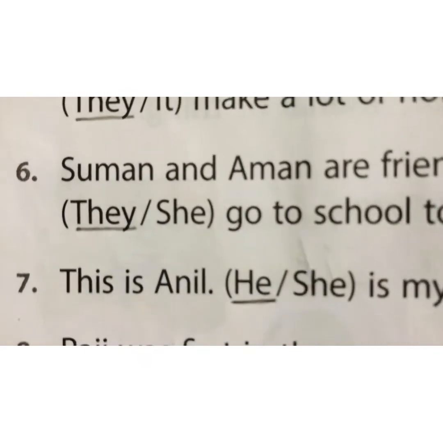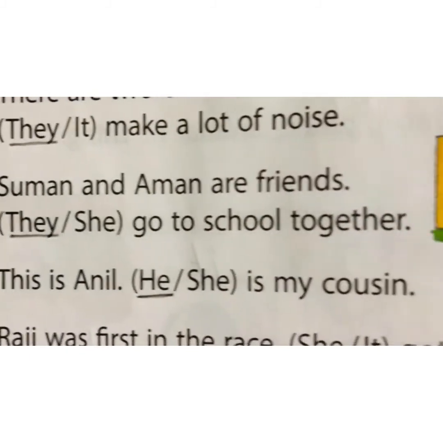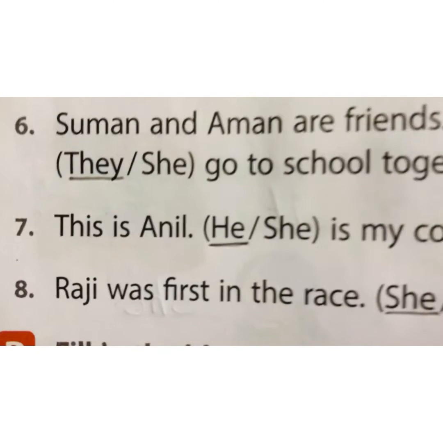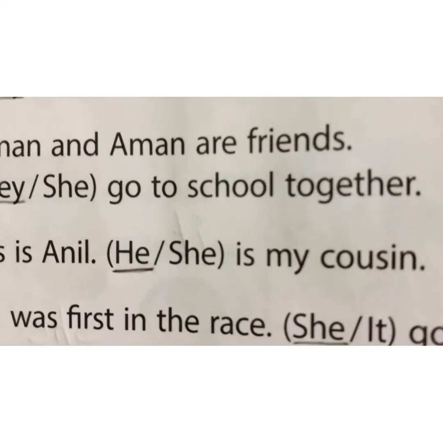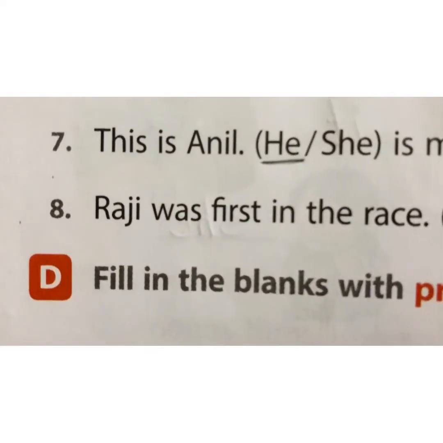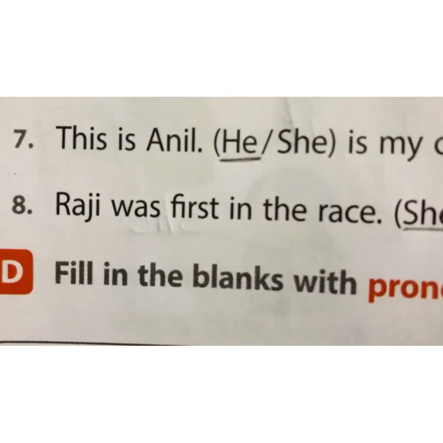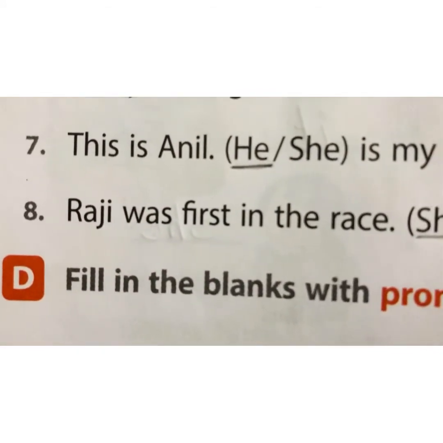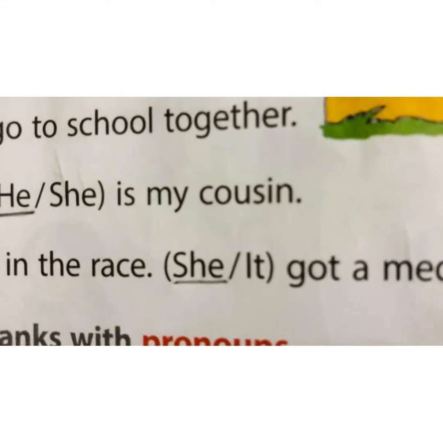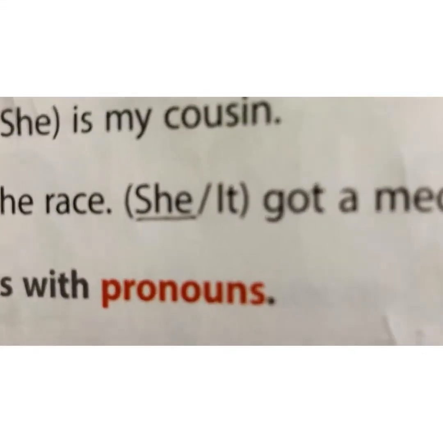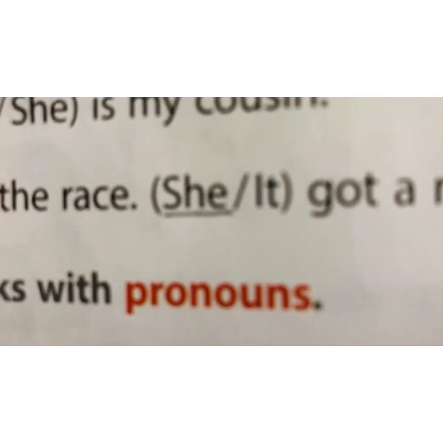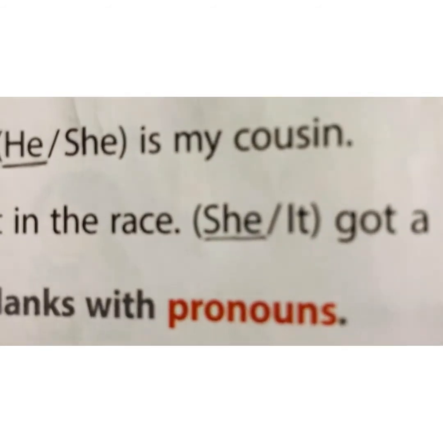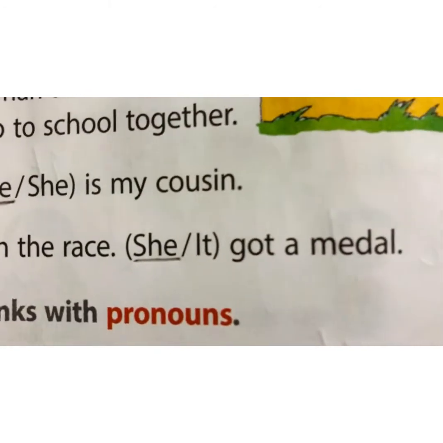So we will use he for Anil. He is my cousin. The last one is Raji was first in the race. Raji may be a boy or a girl. But here the options are she or it. So obviously it will not be a correct option. So we will choose she. She got a medal.